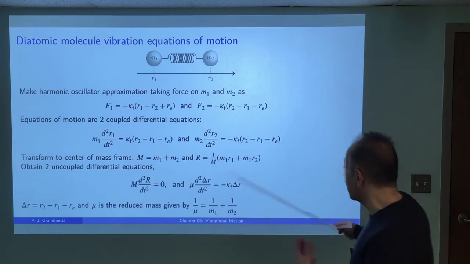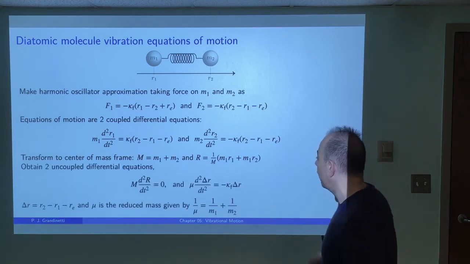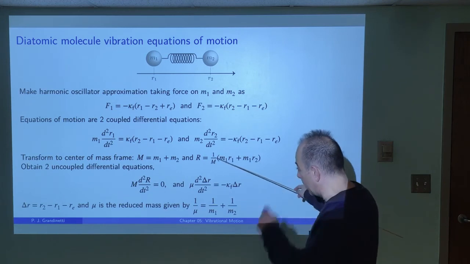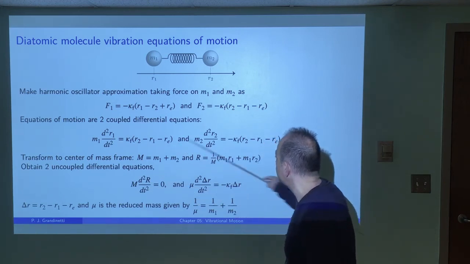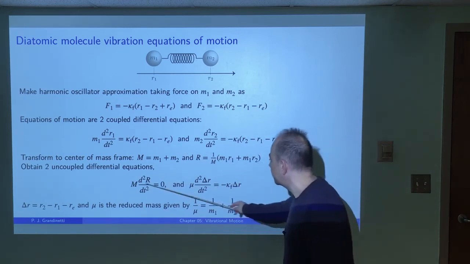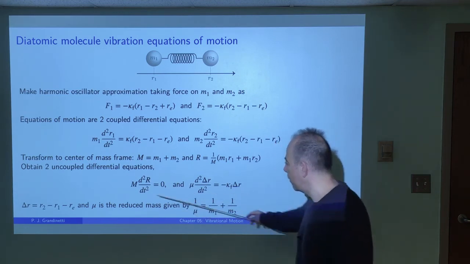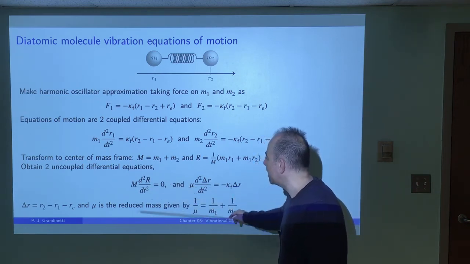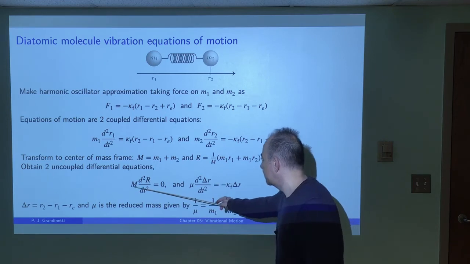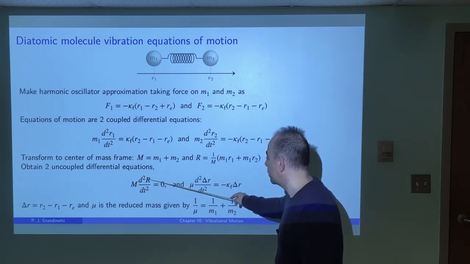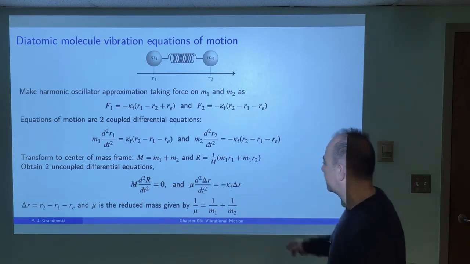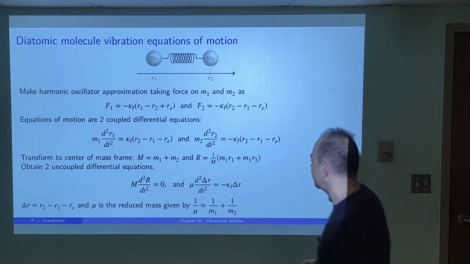If you make a transformation into the center of mass frame, you'll find that these two differential equations get turned into these two differential equations. We see that the total mass times the acceleration of the center of mass is equal to 0.